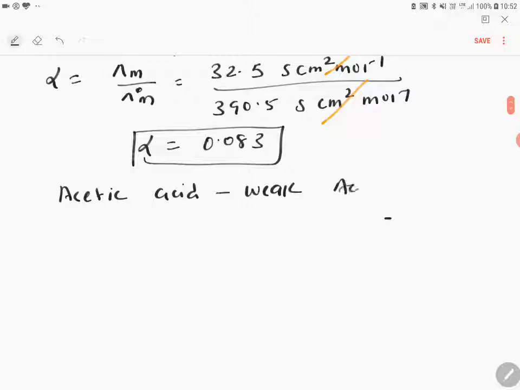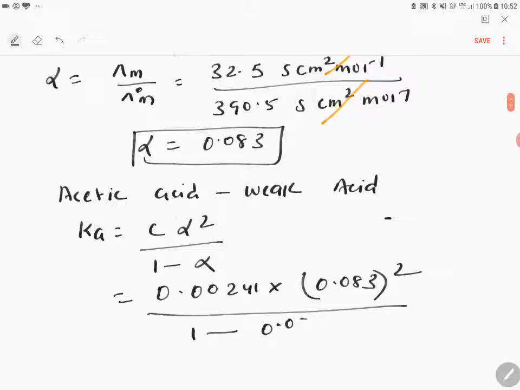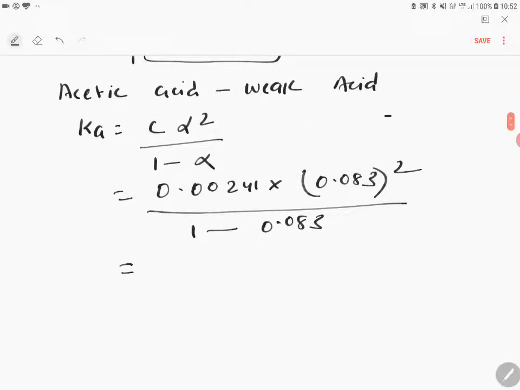Therefore, the dissociation constant Ka is equal to C alpha square by 1 minus alpha, that is 0.00241 into 0.083 whole square divided by 1 minus 0.083. So now you calculate this, you will get 1.81 into 10 power minus 5.